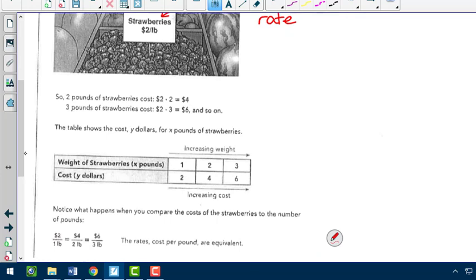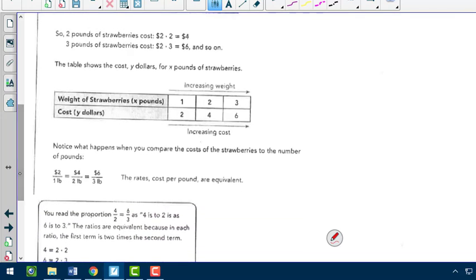The table shows the cost in dollars for x pounds of strawberries. So if you buy 1 pound of strawberries, you pay $2. 2 pounds pays $4. 3 pounds pays $6. Notice that as the cost increases, yes, it was because the weight was increasing. You were buying more.